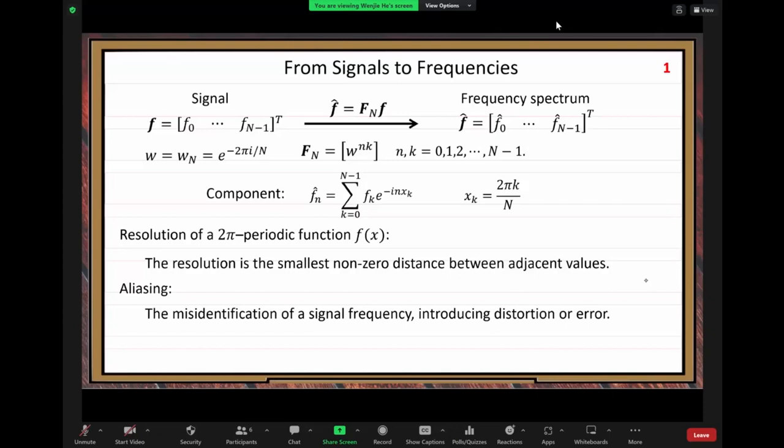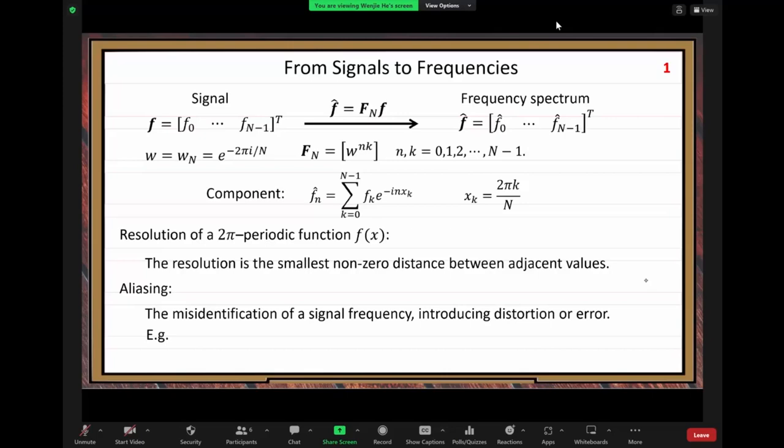When you calculate the frequency spectrum, in your calculation, due to some reason, you misidentify: you calculate the coefficient, but you put it in the wrong location. You mess up. That could happen in the real world.